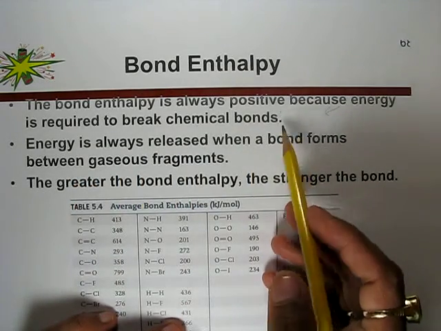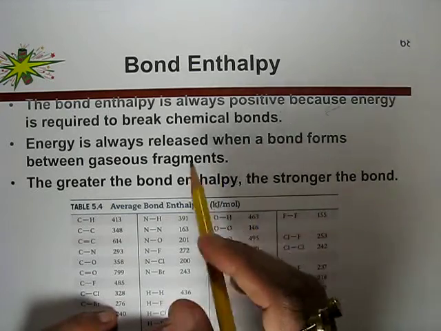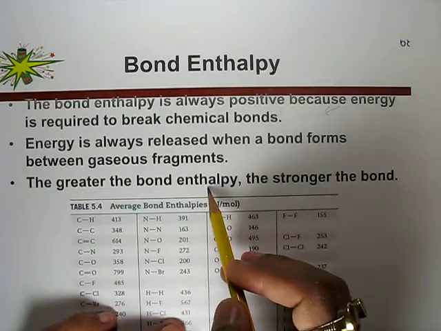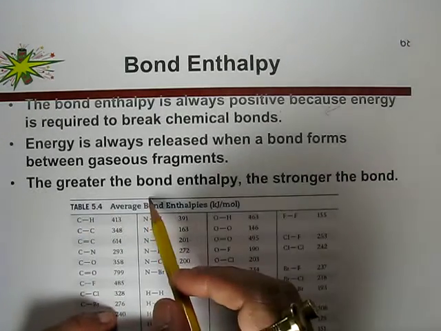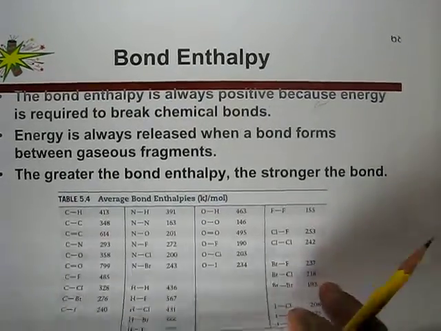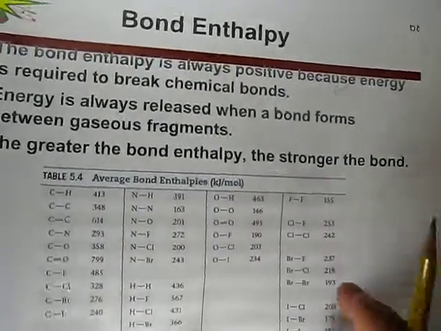It is opposite when we form a bond, so that energy releases. So the greater the bond enthalpy, the greater the energy required to break the bond, and the bond will be very stable.